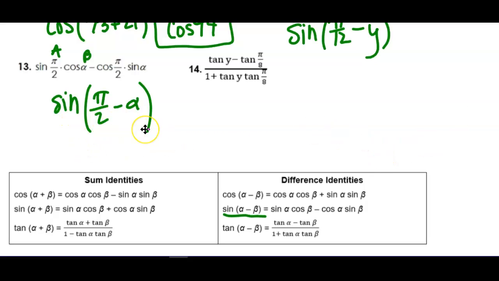I think that is a cofunction identity. If you look on your sheet under your cofunctions, it says sine of pi over 2 minus something is actually the cosine of the angle as well.